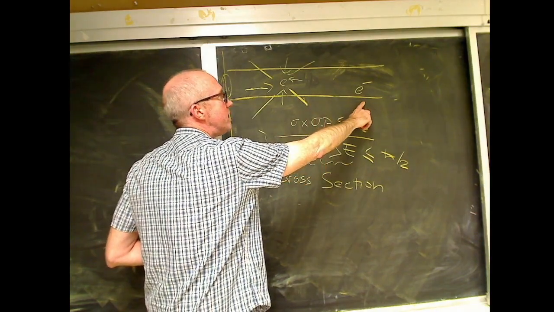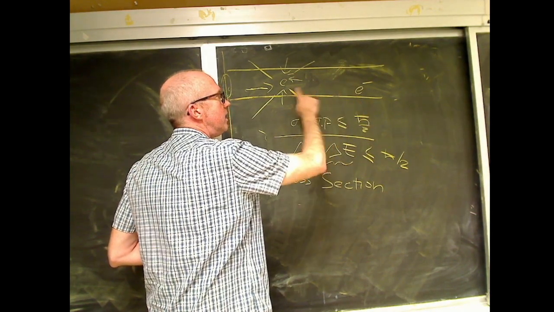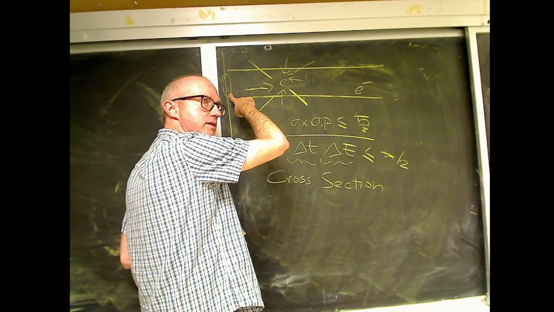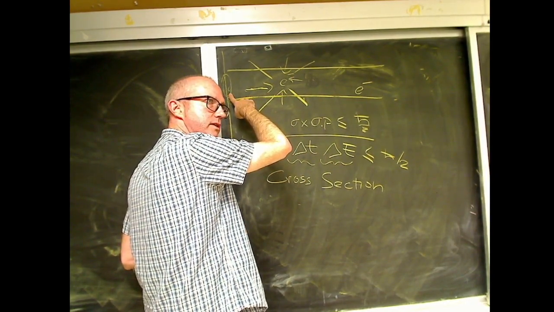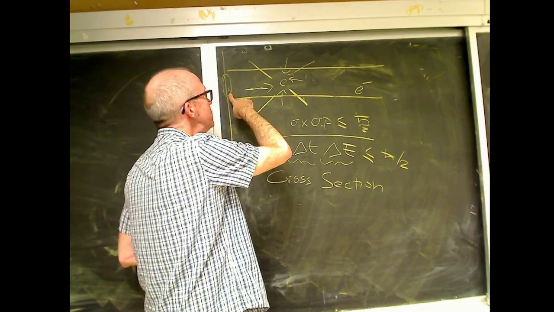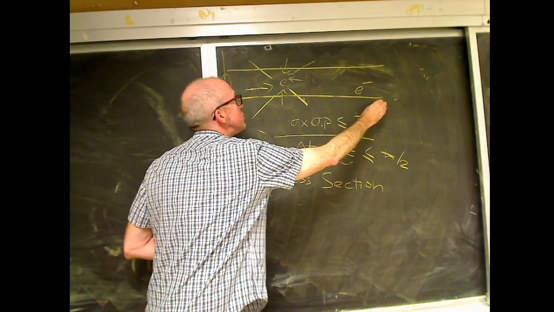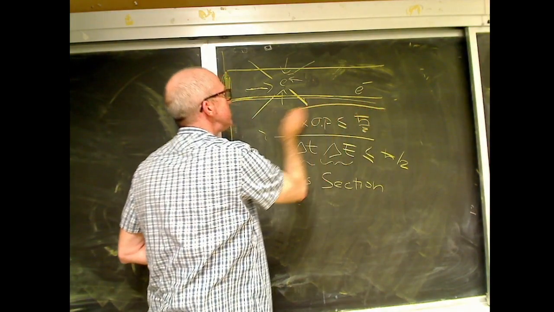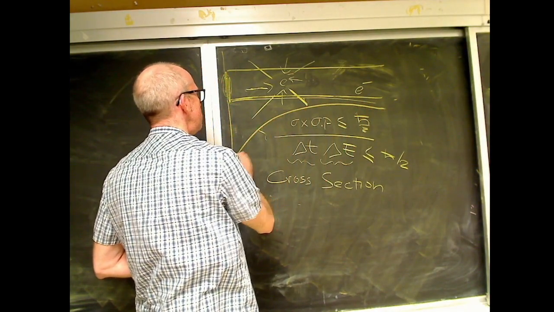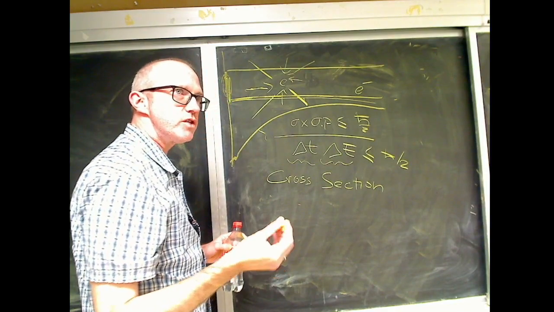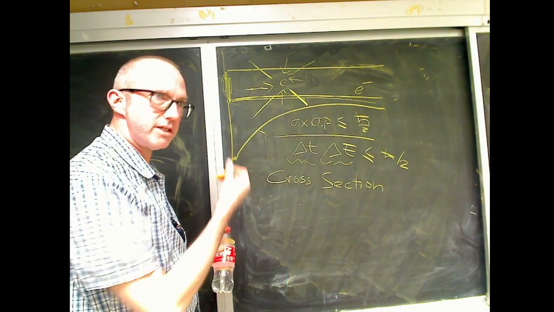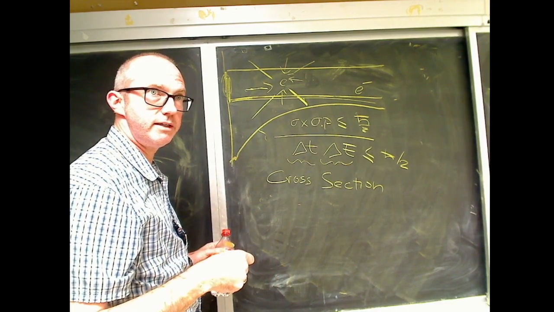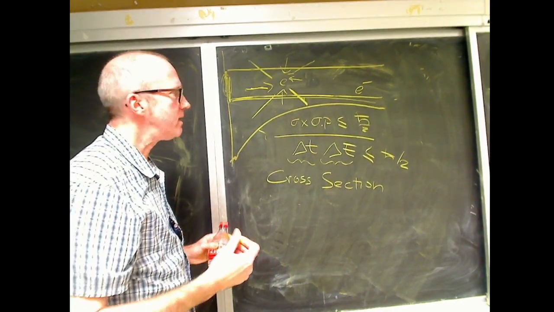The more energy I shoot my target with, the smaller this spot gets, because they're not going to be deflected as much. This is where I'm going with this. If I shoot really high energy electrons, they're just going to go like that and splat against my wall. If I have lower energy electrons, they are going to go like that and splat against my wall over here. So the cross section of this electron depends on the energy of the thing that's hitting it. Does that make sense?